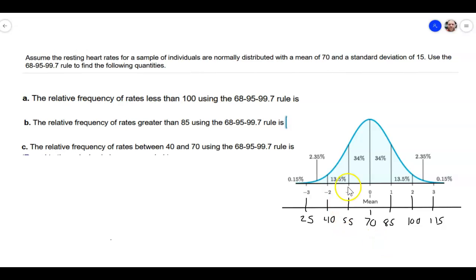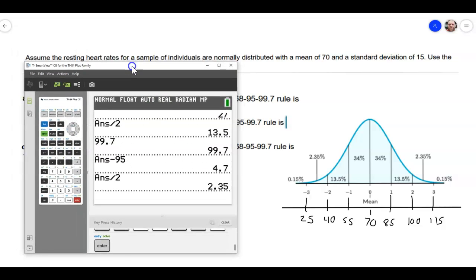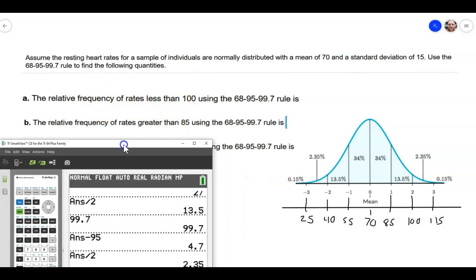All right. And here are the percentages. They're actually asking for the relative frequency, so that's just the percentage in decimal form. So we can calculate the percentage, and then we'll just convert it to a decimal as our final answer by moving the decimal place to the left. The first one is the relative frequency of less than 100.